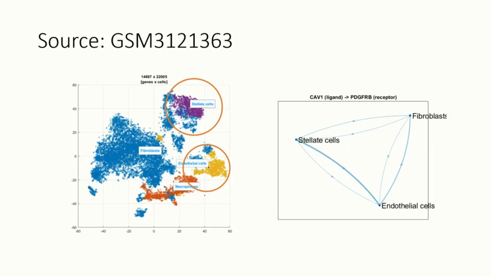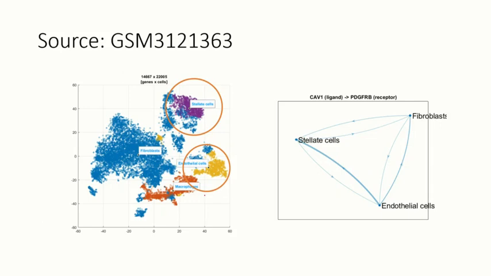And then look at this ligand at CAV1 to its receptor, okay? I can compute multiple samples. For example, in this case, I compute the score between this, and the fibroblast. What I found is the score is higher in endothelium cell to stellate cell.